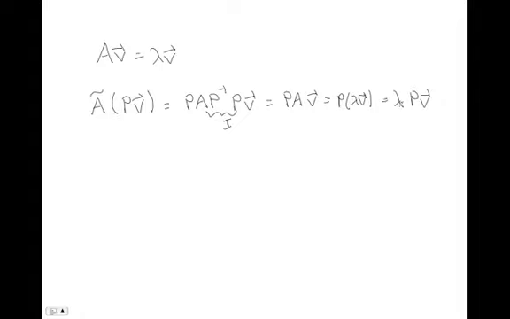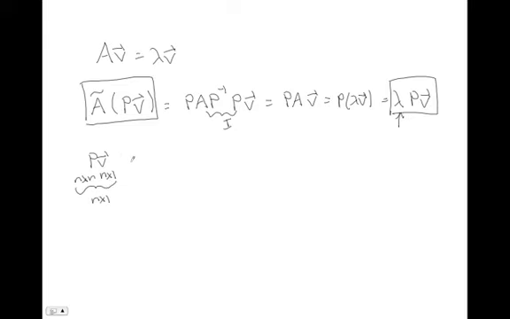And so if you look at this, which ones are important here? I want to look at this one and this one. And so what we see is that A and A tilde have the same eigenvalues. Lambda is an eigenvalue of A, and it's an eigenvalue of A tilde. What this basically says is that this vector PV, and it is a vector, this is an n by 1 thing and P is an n by n thing, so this whole thing is an n by 1 vector.